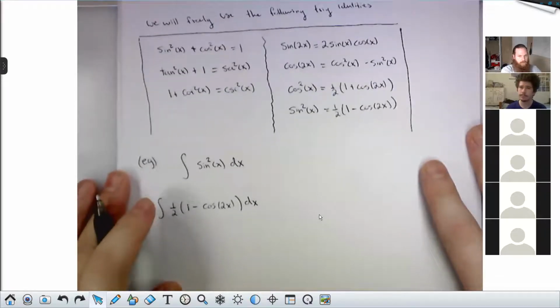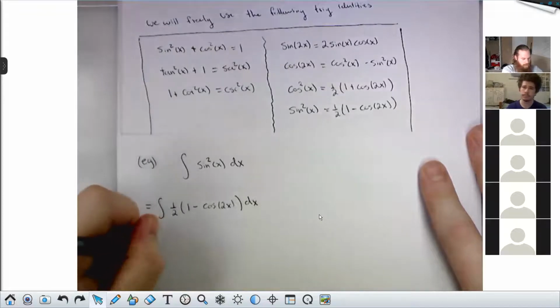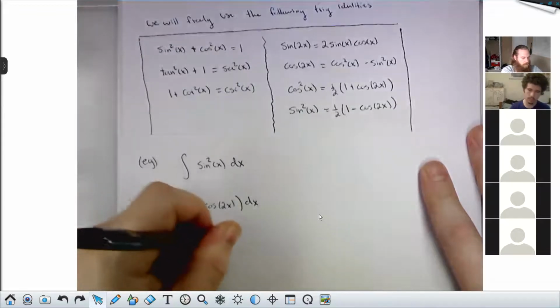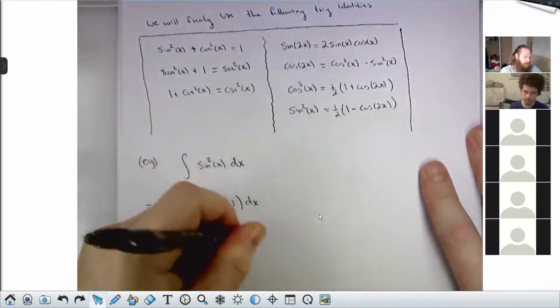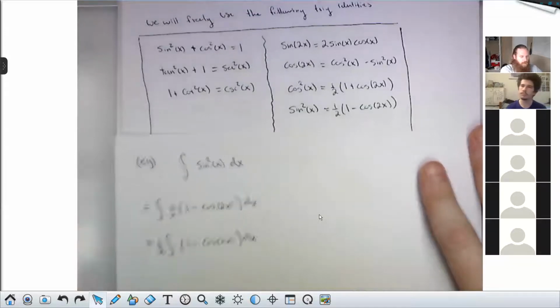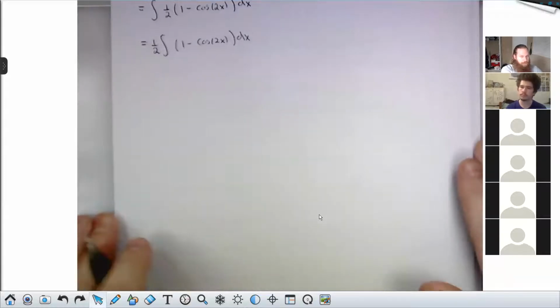So this is a manageable integral. I can pop the 1/2 out, and then I just need to integrate 1 minus cos 2x. The 1 is easy to integrate. The cosine of 2x is a little micro u sub, one of those tiny little u subs that we should be getting good at doing quickly in our heads.